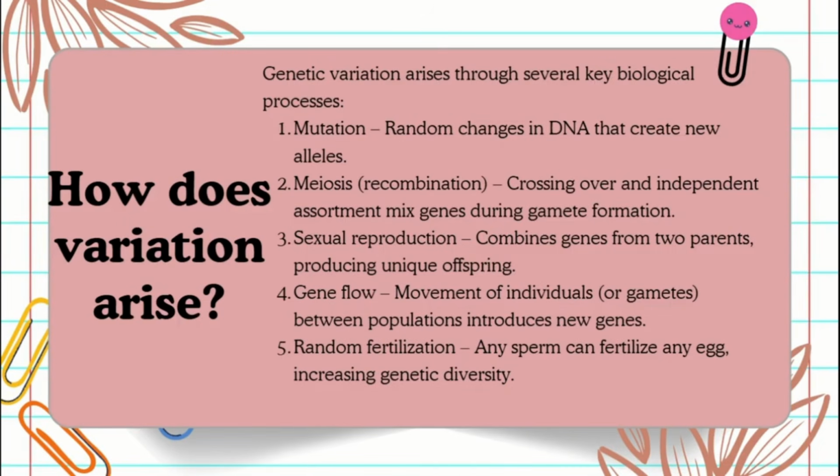One way is mutation, and mutations do happen. I would say they happen somewhat frequently, but most of the time when mutations happen, they don't change much, if that makes sense. Not all the time. Mutation is a change in a DNA sequence.